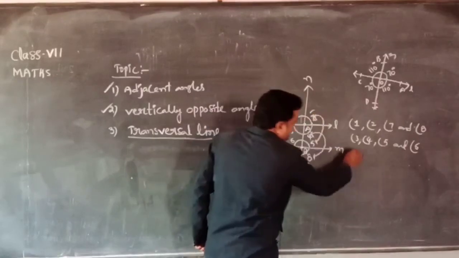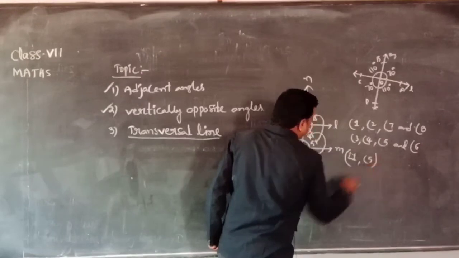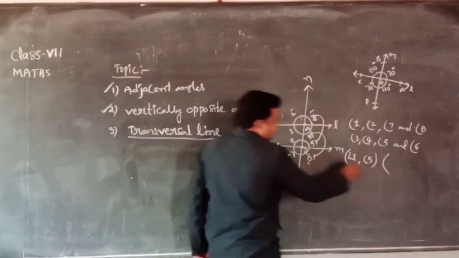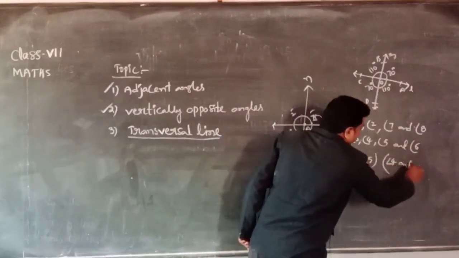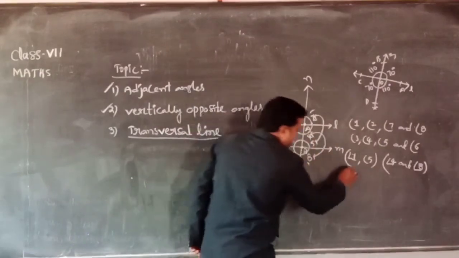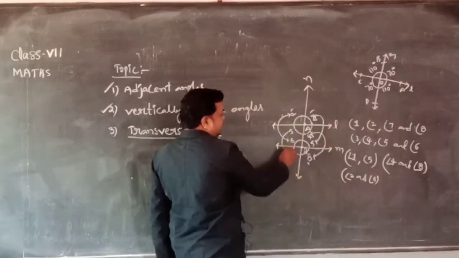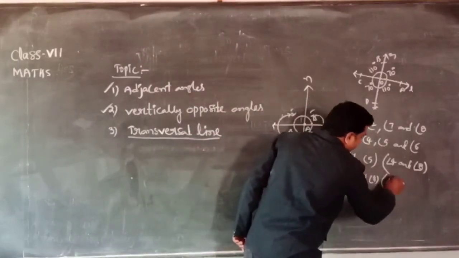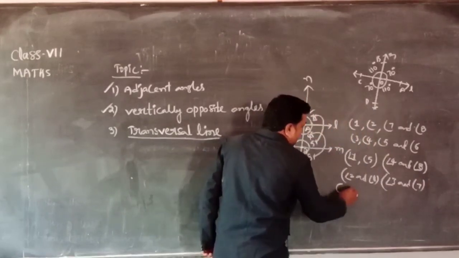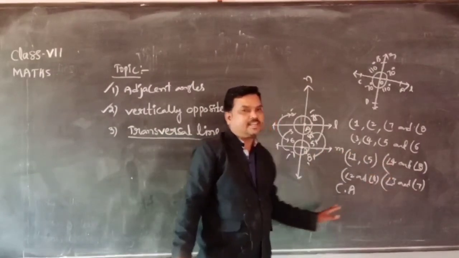That is angle 1 and 5, angle 4 and 8, angle 2 and 6, and angle 3 and 7. These are called corresponding angles. There are a total of 4 pairs of corresponding angles.